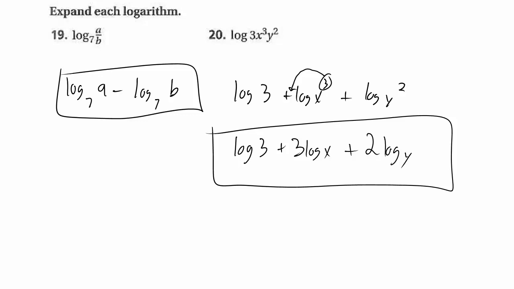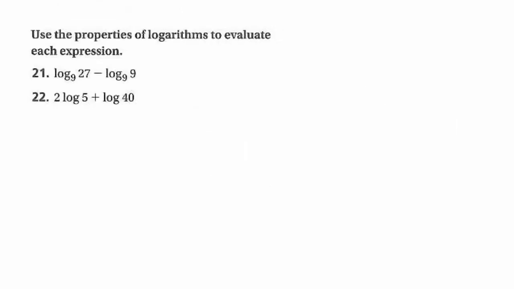For number 21 and 22, we're just going to practice a little more with evaluating these using those properties. They can be done by hand, but since we can use a calculator when we need to, I'm not really going to work these in detail. But for instance, we know that log 9 base 9, that's just a 1.